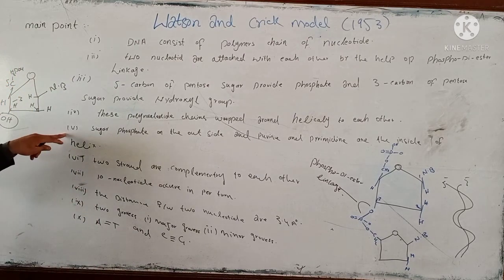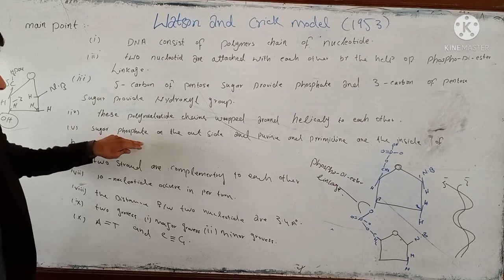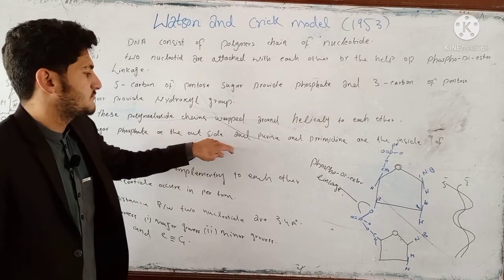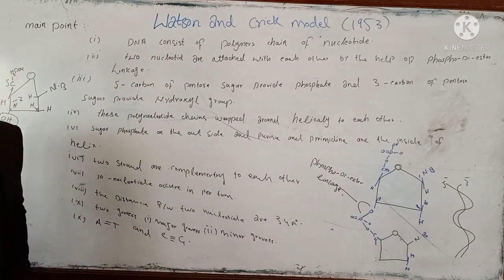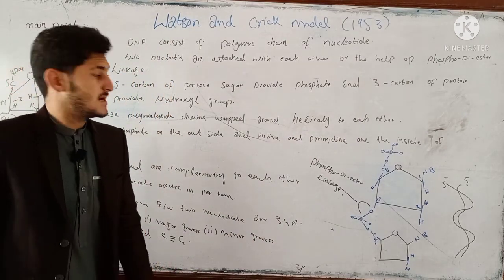Now coming to the fifth point: the sugar phosphate is on the outside, and purine and pyrimidine are on the inside of the helix. What are purine and pyrimidine?